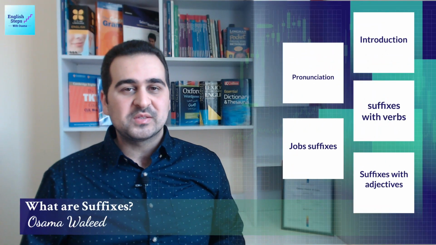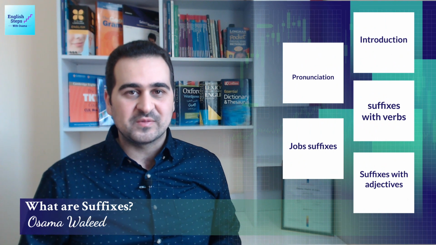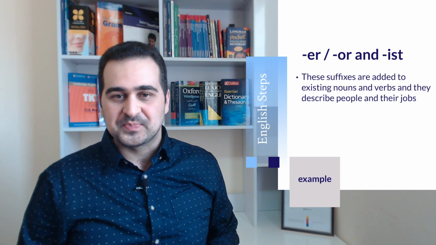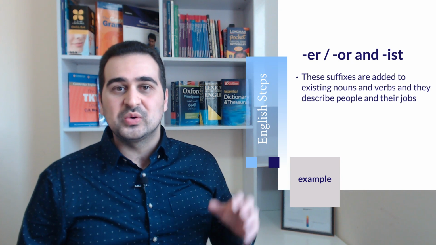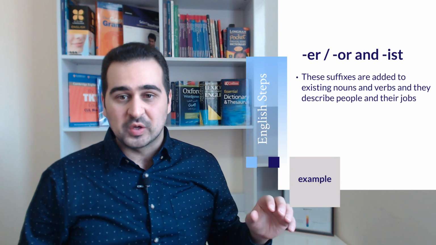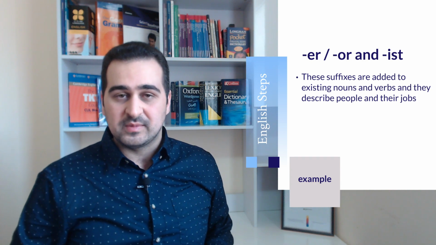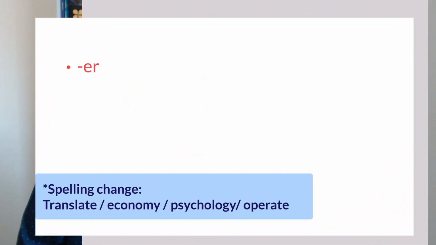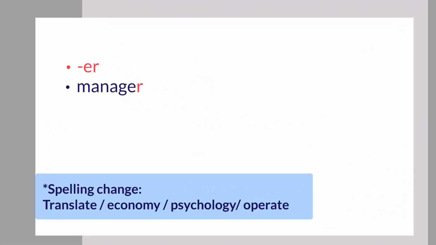And now the final part of today's lesson is about job suffixes. In English we have the suffixes er, or, and ist. These suffixes are added to existing nouns and verbs, and they describe people and their jobs. For example, er, such as manager.